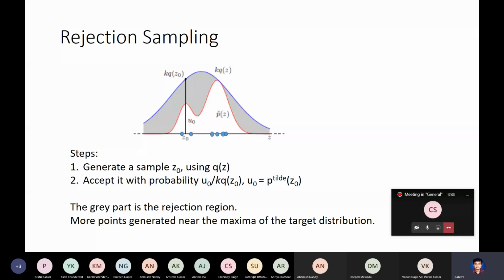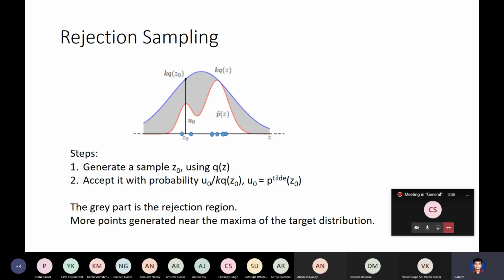To decide, you generate another random number, a uniform random number between 0 and 1, and check whether it is less than the ratio of the desired distribution to k times the known distribution. So it falls in the acceptance region or in the rejection region.